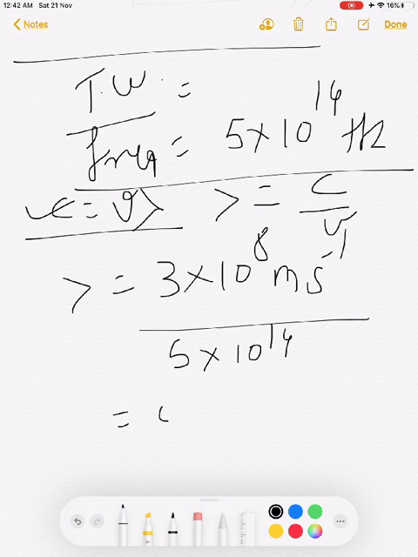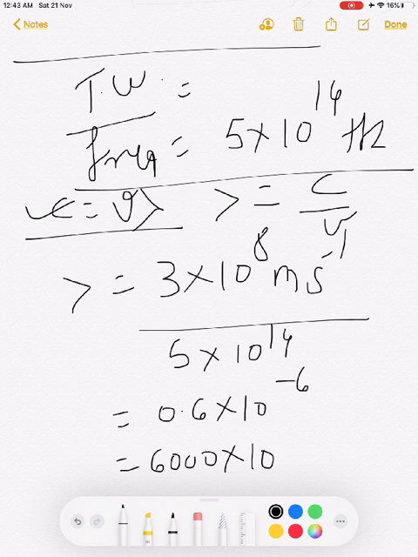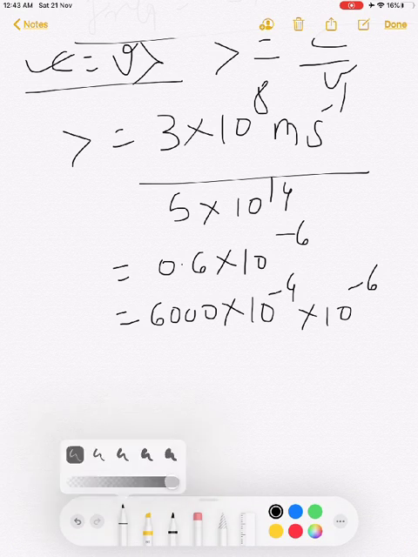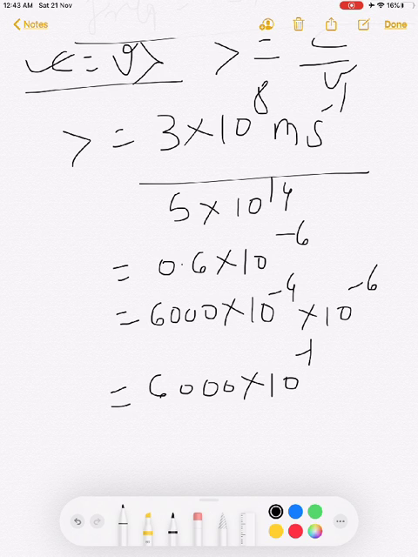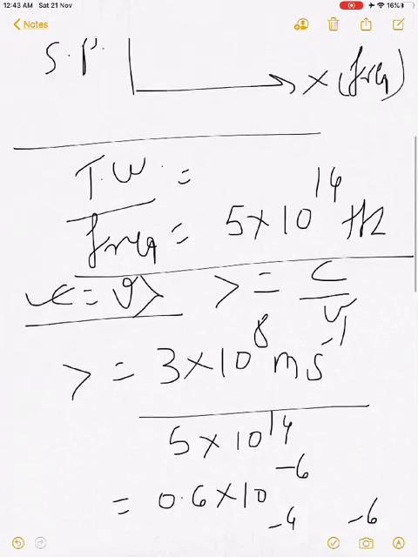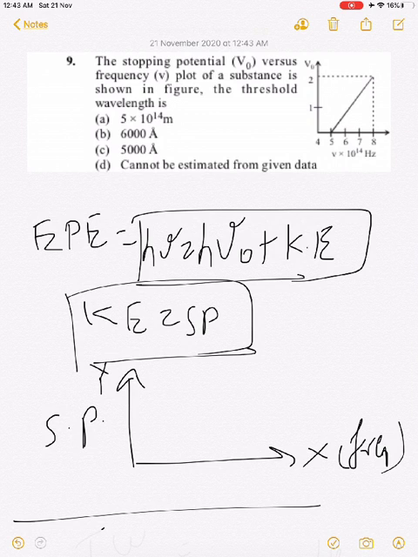After solving this we get 0.6 into 10 raised to minus 6. Again solving, we get 6000 into 10 raised to minus 4 into 10 raised to minus 6. Further we get 6000 into 10 raised to minus 10, which is 6000 Armstrong unit. Now check the answers. Option B, 6000 Armstrong unit, is the right answer.